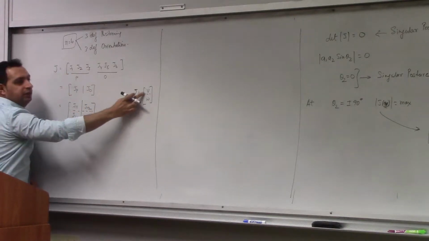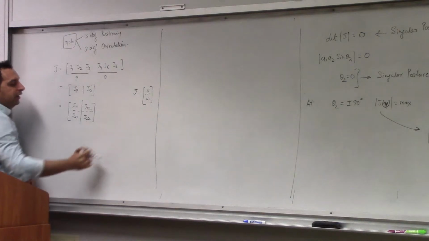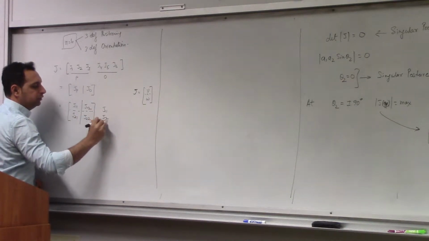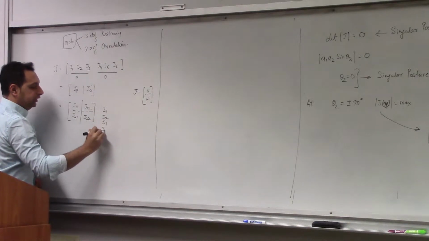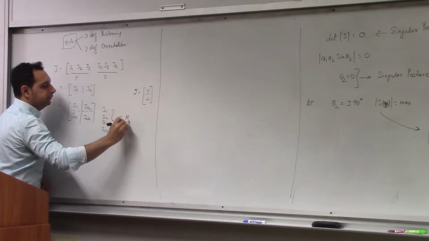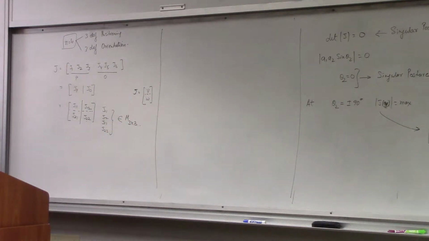Each one of them will have 3 rows, right? Because Vx, Vy, Vz, phi, theta, and psi. So each one of these, J11, J12, J21, J22, they'll all belong to 3 by 3 matrices.